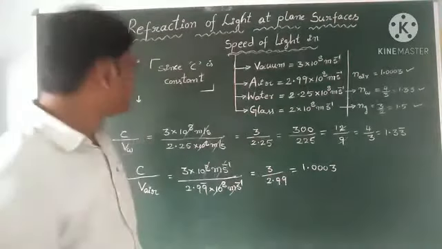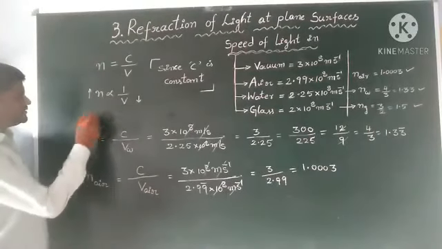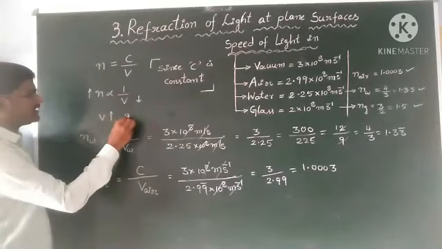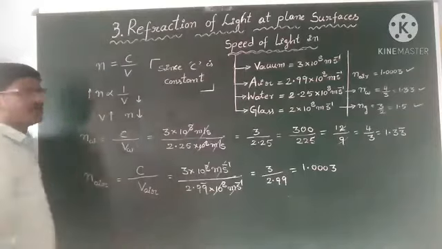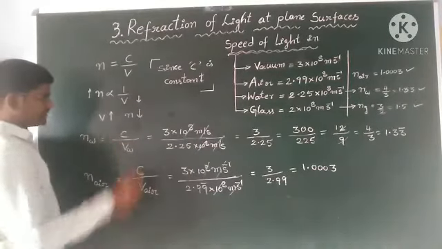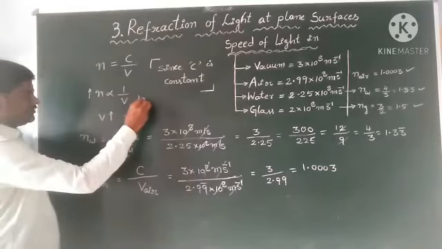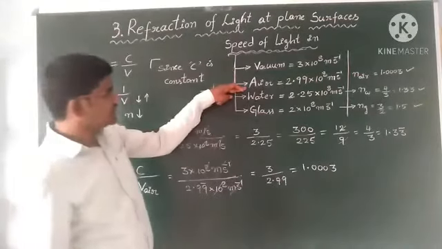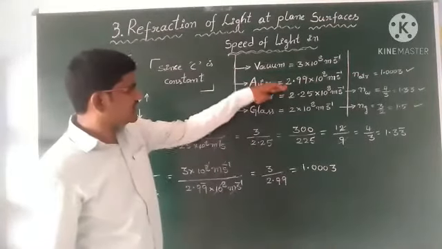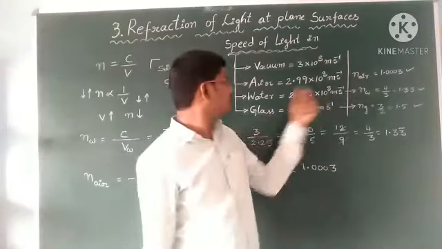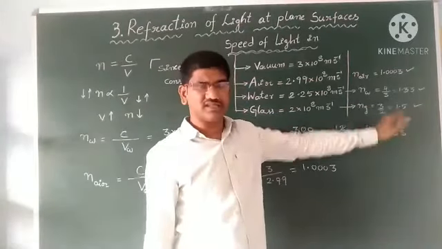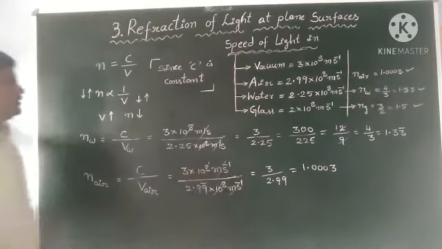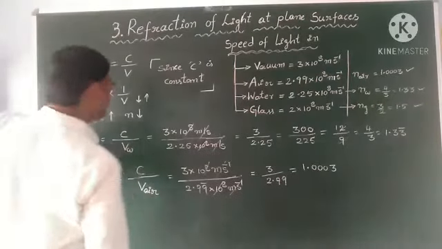So refractive index is inversely proportional to speed: if the speed of light in a medium is high, the refractive index is less, and vice versa. That's why, from air to water and water to glass, the speed is decreasing and the refractive index is increasing. You can observe that in the table also.